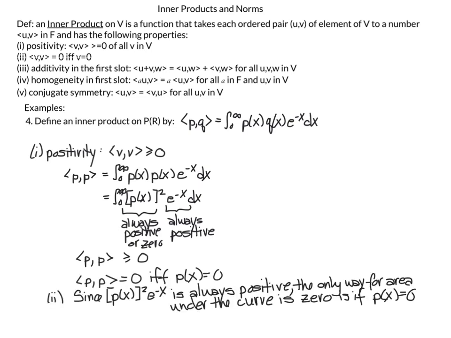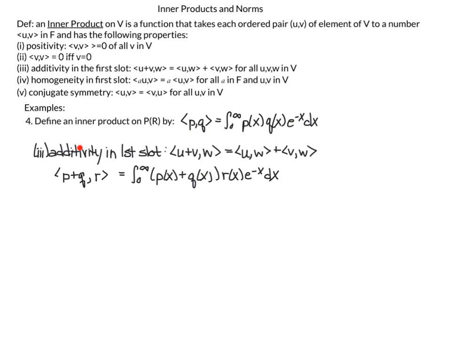And also very similar to our last proof where we had an integral, since we wanted to show that the inner product of p with itself is equal to 0 if and only if p of x is equal to 0, well, since what we're integrating is always positive, the only way for the area under the curve to equal 0 is if p of x is equal to 0.